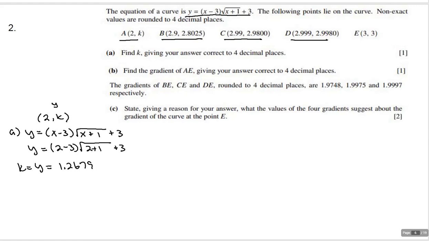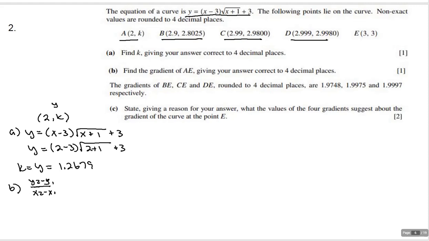So now, part B. Find the gradient of AB. That's asking you to find the slope, right? To find the slope, I'm going to do y2 minus y1 over x2 minus x1. Again, you'll notice I just have 2 points.